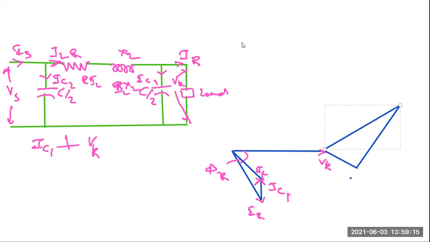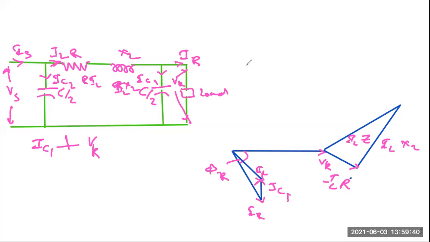So finally, because I have to change the color and all, the line is taking some time online. IL into R and IL into XL, and this is your IL into Z. Okay, so you got the IL.